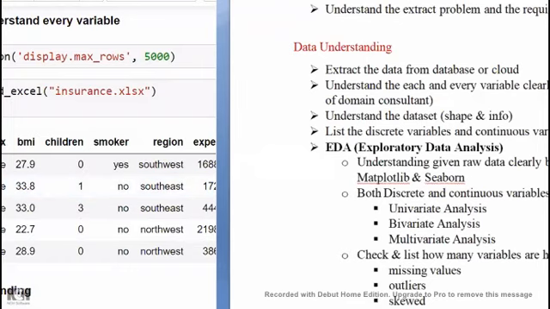That is the age column, followed by gender. What is meant by BMI? Children. Children is a discrete count variable, so it comes under discrete.